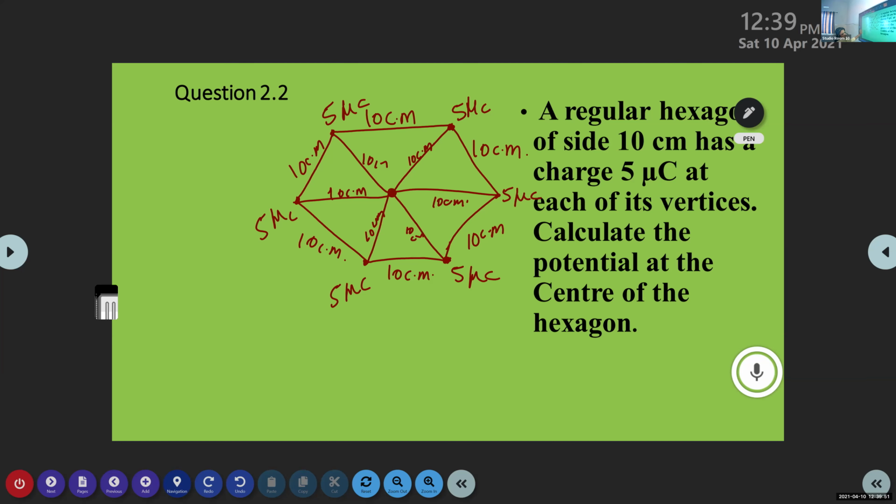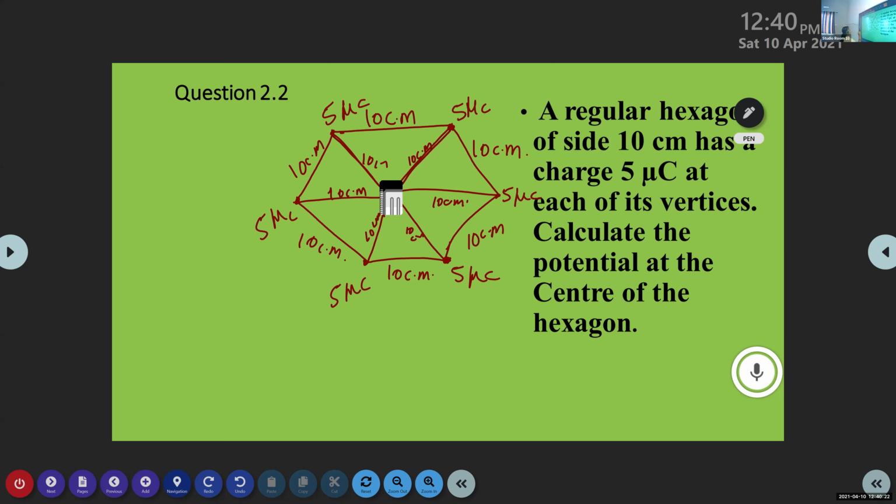Only the side is given as 10 centimeter, right? Since it is a regular hexagon, we take all the sides equal to 10 centimeter, otherwise it will change. From the center to the vertex, if it is a regular hexagon, it must be 10 centimeter.